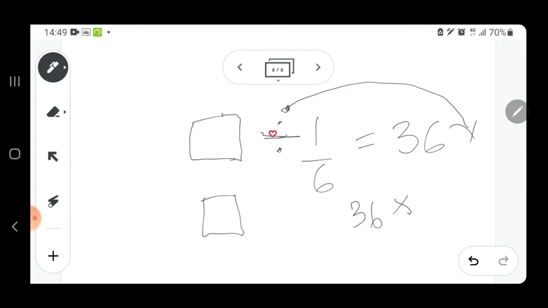Anytime an operation sign moves from left across the equal sign to the right, it's going to turn to a multiplication sign. That's why we have a multiplication sign, and 1/6 still remains the same. That's easy to solve, isn't it? Then I can say 6 here 1, 6 here 6. So my answer that should be in the box will be 6.